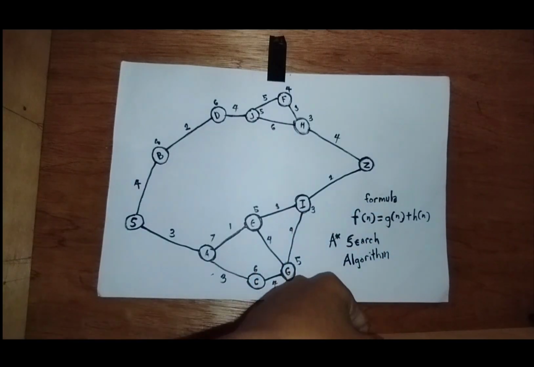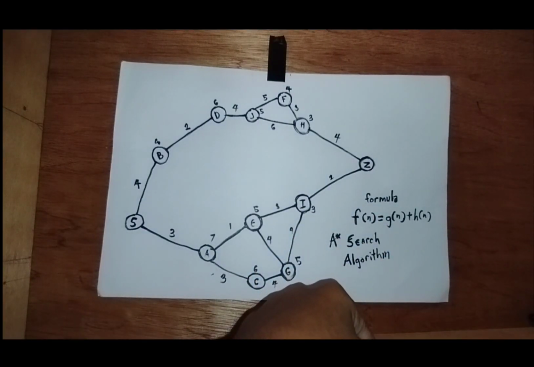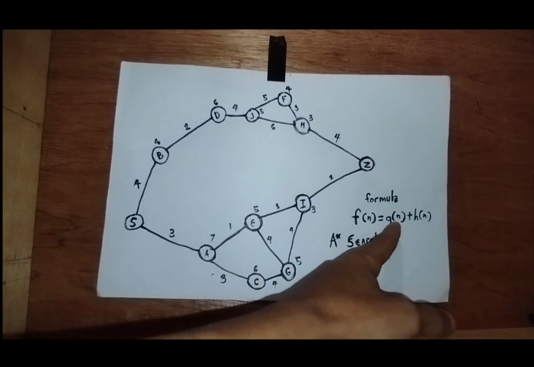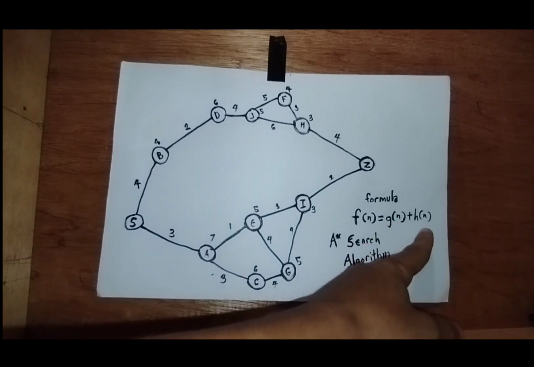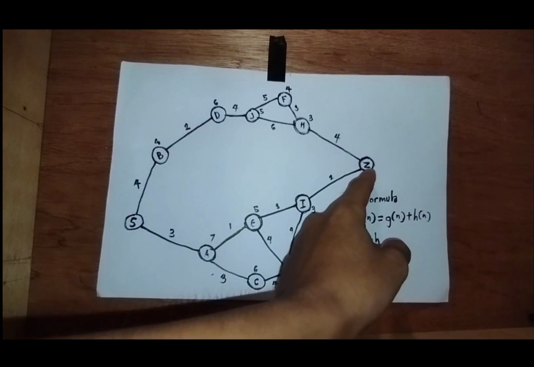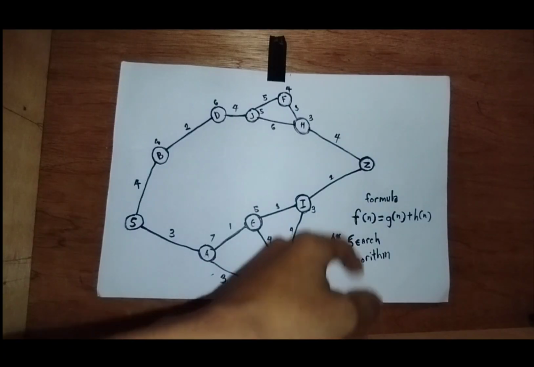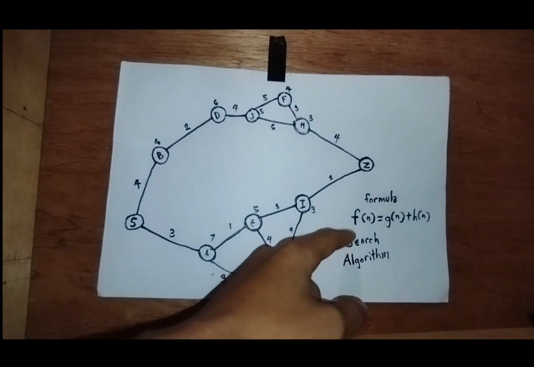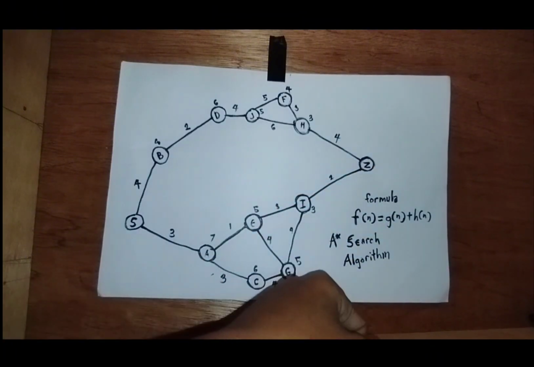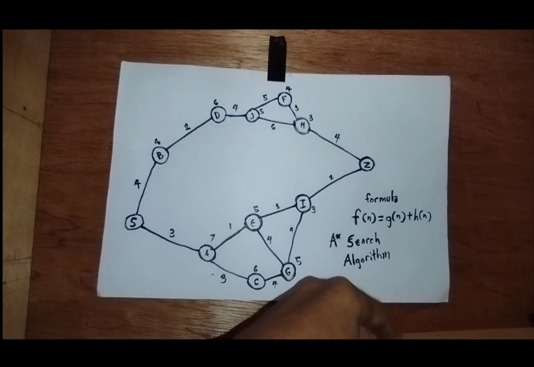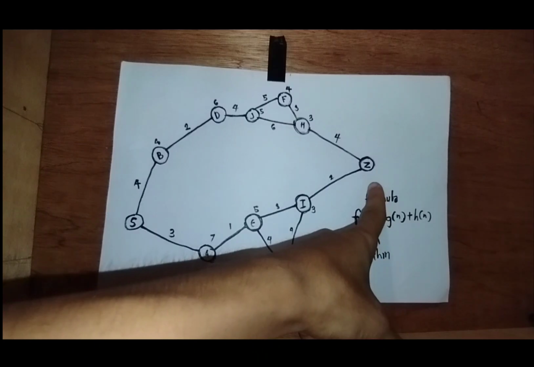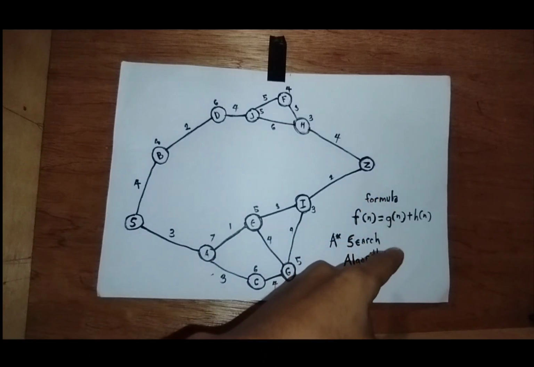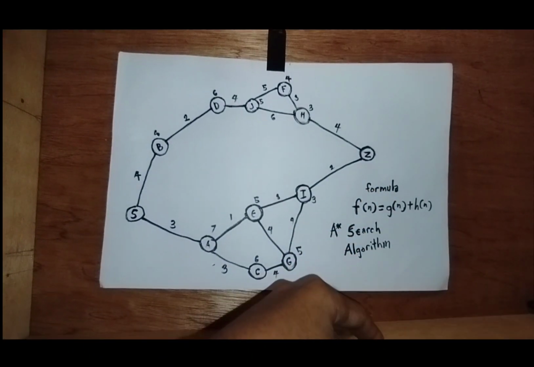Since Z doesn't have a point, we're going to copy the G and put it in the H. So Z has a value of 9 points. 3 plus 1 plus 3 plus 2 equals 9, plus 9 is equal to 18 points. So going I to Z costs 18 points. Now you've learned how A-star search algorithm works.